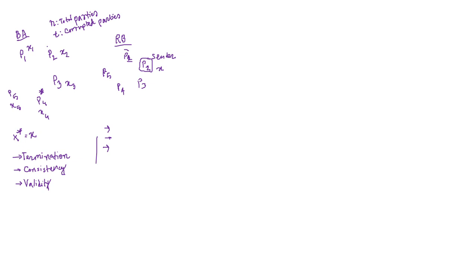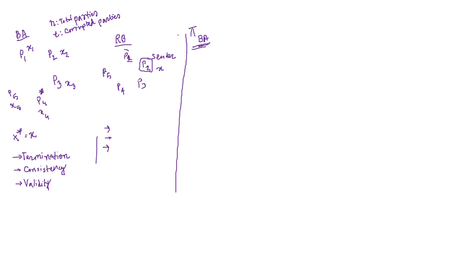Now we will see that this Byzantine agreement protocol and reliable broadcast protocol can be converted from one to the other. They are convertible to each other. How? So let's say you have a secure Byzantine agreement protocol. Let's denote the protocol with pi subscript BA.